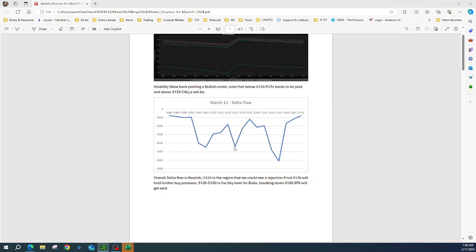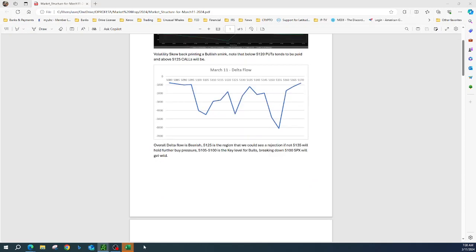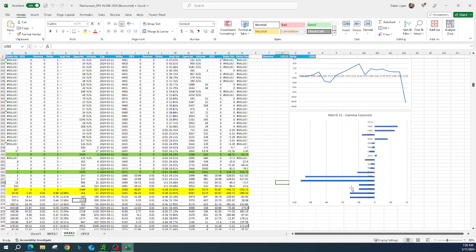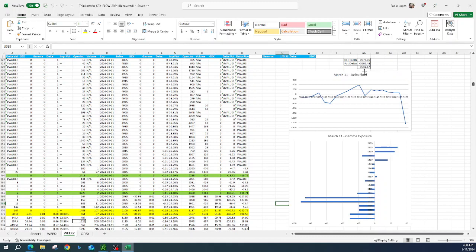Let me open the spreadsheet to check out the delta flow. So the delta flow is still bearish. It's really different compared with what we had on Friday, right?